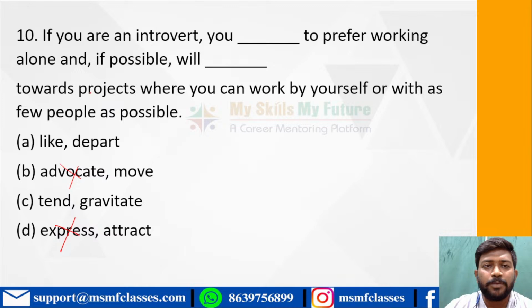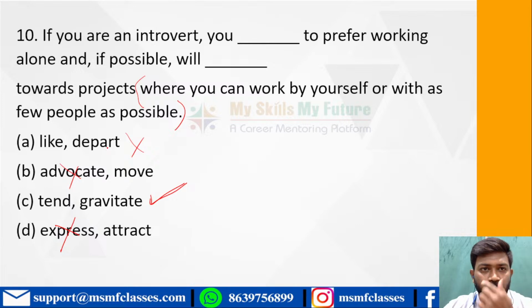In case it is possible, what happens, will attract, that is called gravitate. It is not depart, you cannot be separated. If the blank is filled with depart, you cannot justify this sentence. In order to give the proper meaning, you have to go with gravitate. It gives the correct sentence, right? Hope you understood. Next.